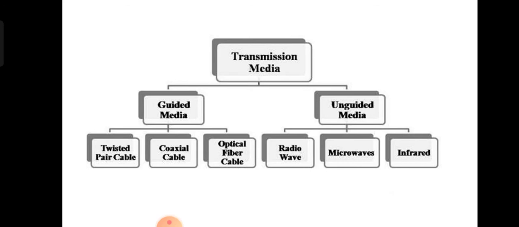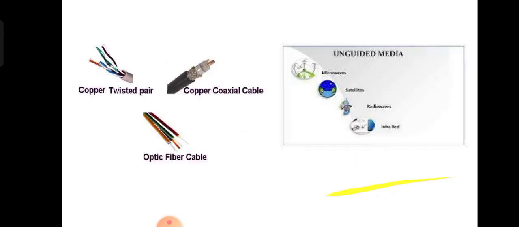I will give you examples of all of those, so don't worry about that. These are wires like optical fiber cable, copper twisted pair cable, and copper coaxial cable. You can see a coaxial cable in your home also, if you use a television with a dish connection, it is a wire like this.